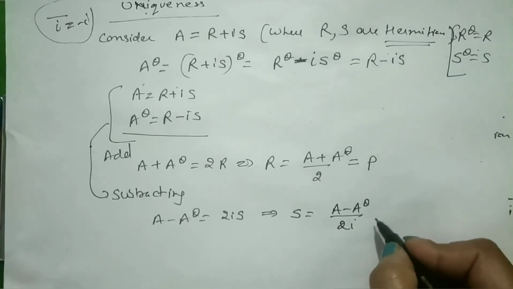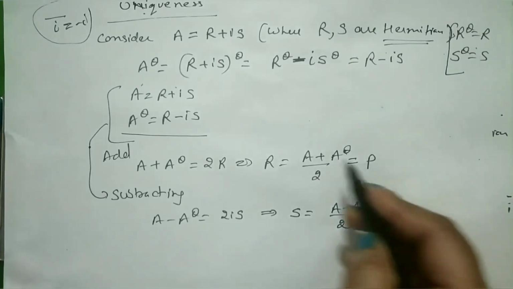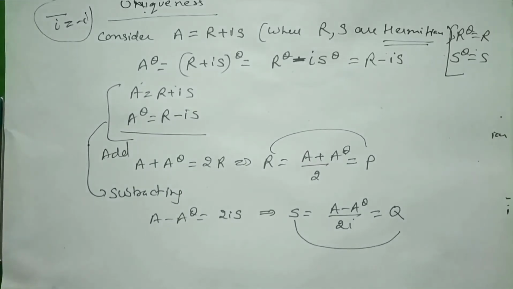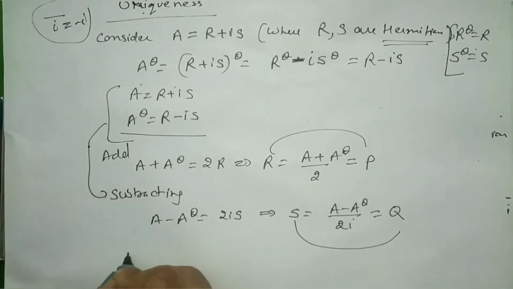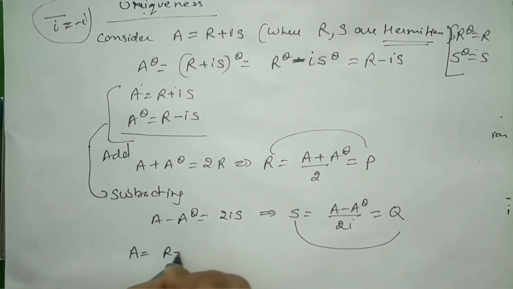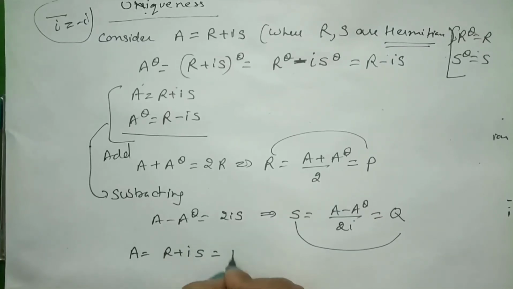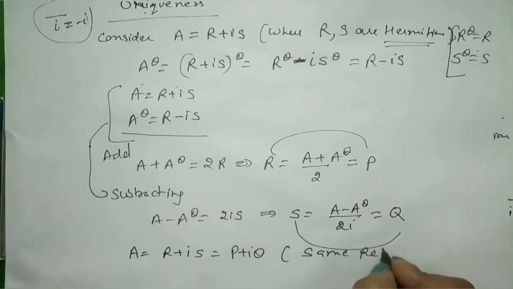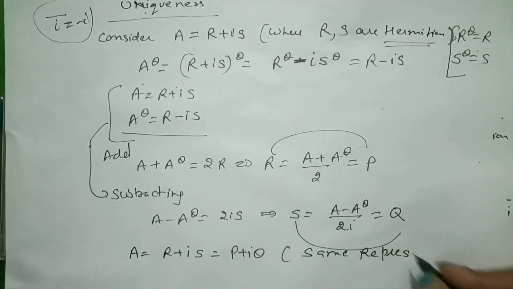So this is nothing but the value of Q. So what we find is both R and S are the same as P and Q. That means A is equal to R plus iota S is equal to P plus iota Q. This means this is the same representation that we have already done in the first part.